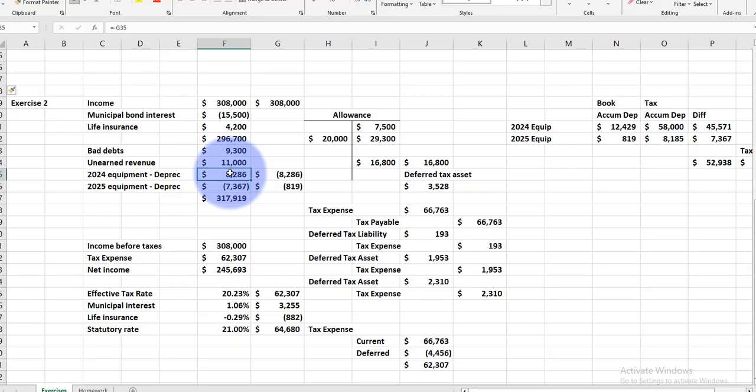All right. So any amount that's on the income statement, okay, it needs to be added back to get the tax return, because we do not get any deduction. So we add back 8286, and then the other depreciation, because we took more on the taxes, okay, then we subtract for that extra that we get to deduct on the tax return, okay, the difference between the income statement, 7367.